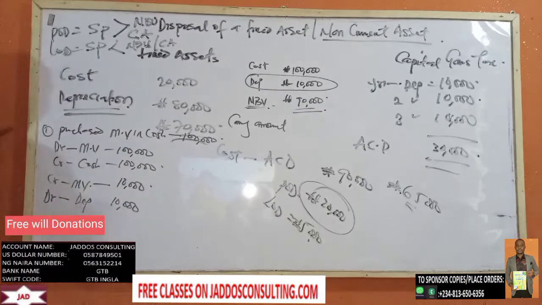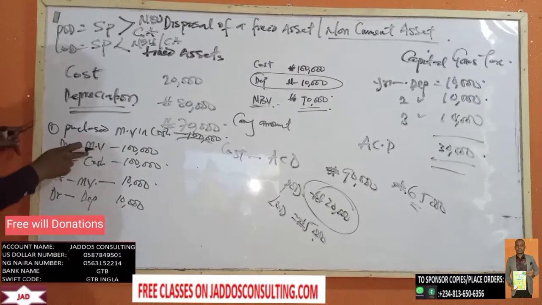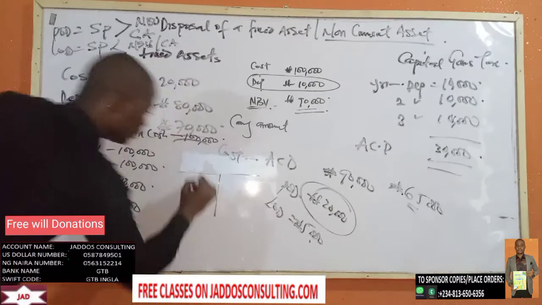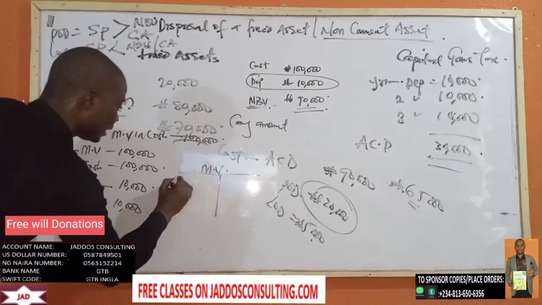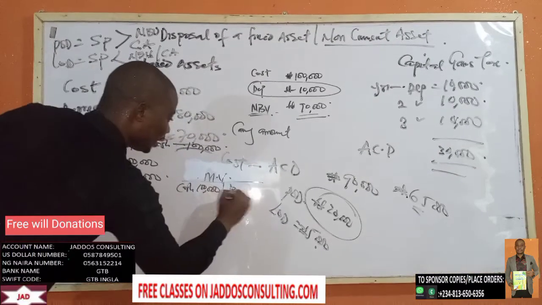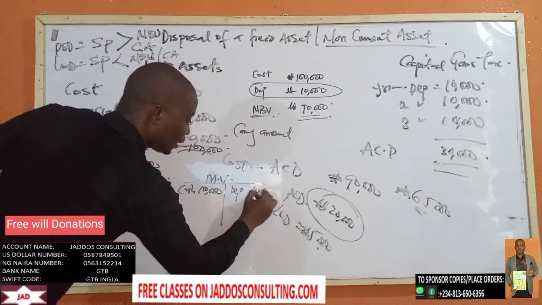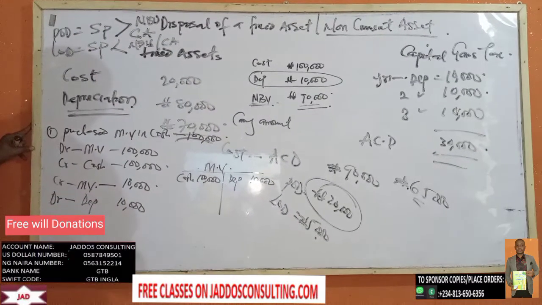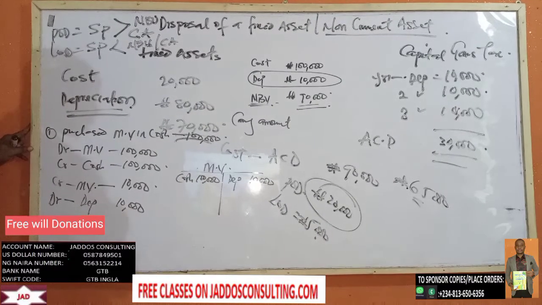Now, that will mean your motor vehicle value, let's show it in a T form. This is motor vehicle. Remember, there's a cash purchase of 100,000. There's a depreciation here of 10,000. That means the value you're going to have here is 90,000. That's for the first year.